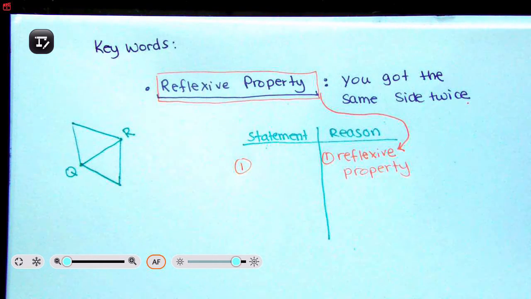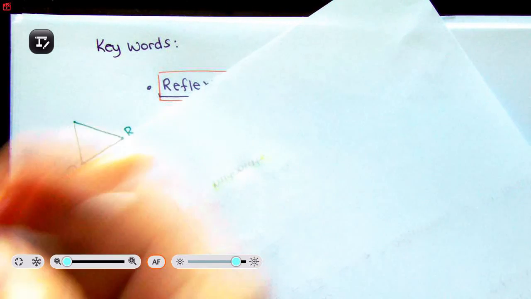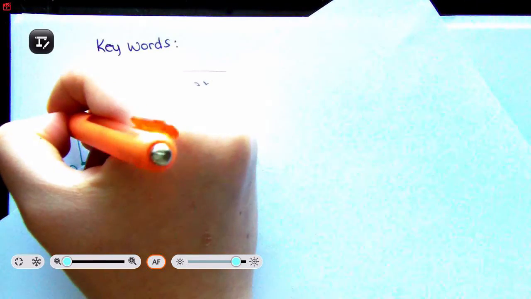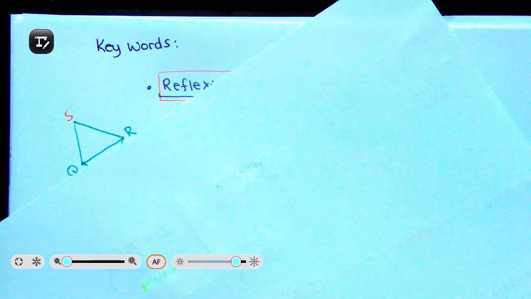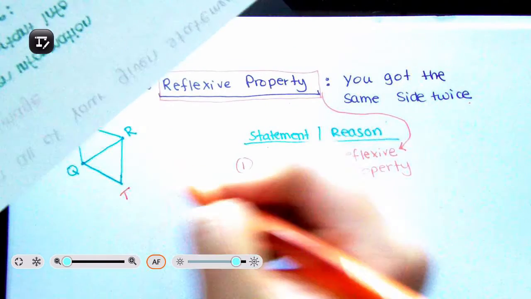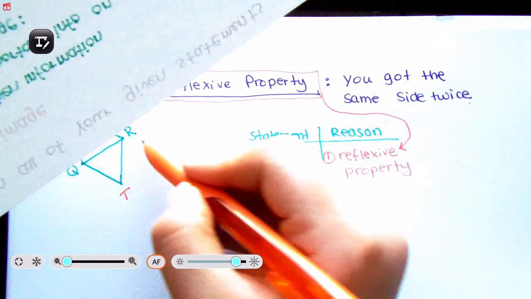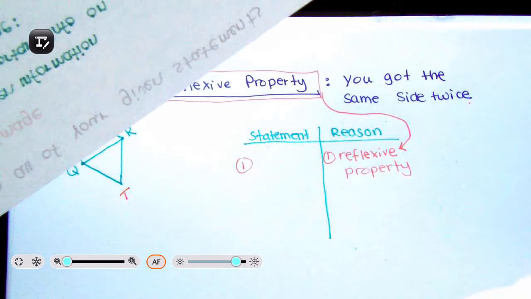So if I were to, let me get a sheet of paper here, if I were to cover this triangle up, let's label this, I don't know, S. So triangle SQR and triangle TQR both share the same side.